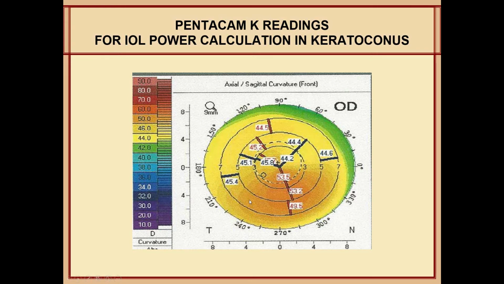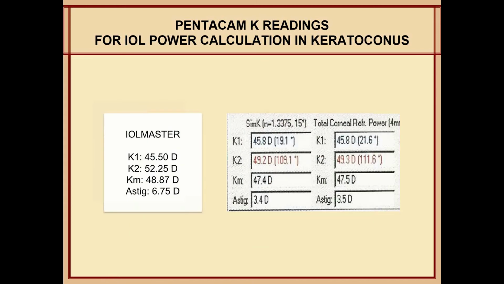And sometimes it creates a problem in calculating when these patients come for cataract surgery. You would say, why don't you do a corneal transplant or do different things for these patients? Not everyone wants it. They lived with it for many years with a certain amount of astigmatism, and they don't want to have anything done for the keratoconus, and they develop cataracts, and you have to accommodate these patients.